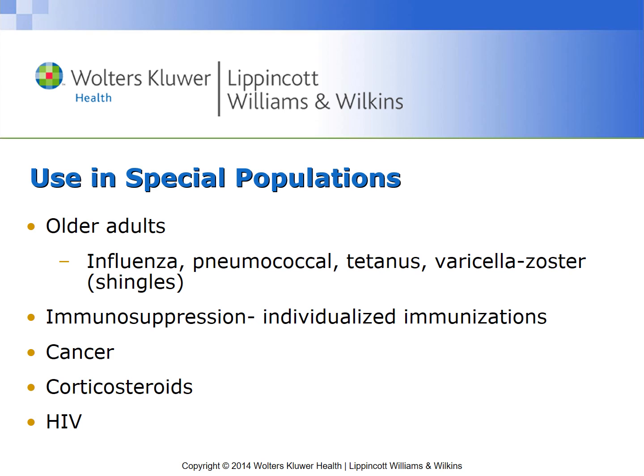Again, those corticosteroids, which we use a lot for different disorders, that weakens the immune system. So, there are specific guidelines for that as well when giving immunizations. And HIV patients, again, all of those patients are considered immunosuppressed, so we got to watch about that.